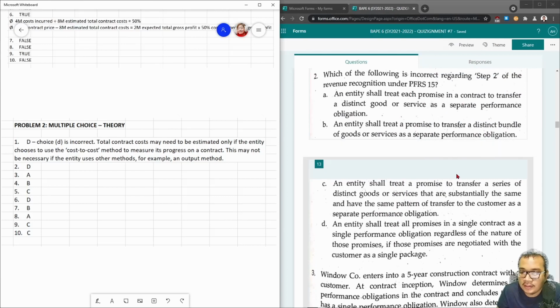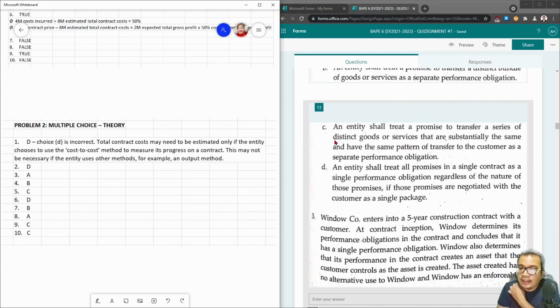Each promise distinct, okay? Letter C, an entity shall treat a promise to transfer a series of distinct goods or services that are substantially the same and have the same pattern of transfer to the customer as a separate performance obligation.